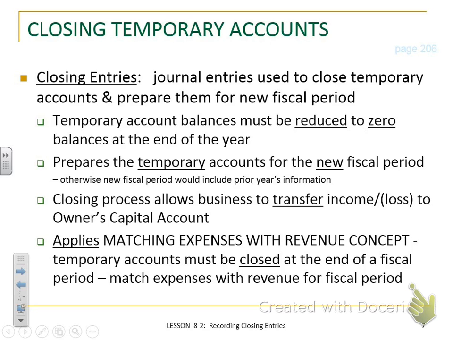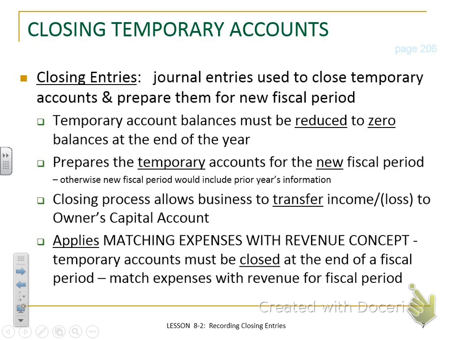Temporary account balances must be reduced to 0 at the end of the year. This prepares those temporary accounts to be used in the new fiscal period. Otherwise, the new fiscal period would include information from previous fiscal years and it would be misstated. And we can't have it be misstated.